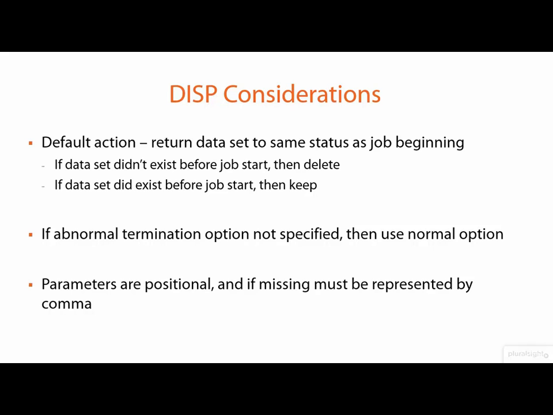The most common, of course, being that since NEW is the default, you will very often see a disposition coded of comma, CATLG, comma, DELETE, indicating that the NEW has been eliminated. But for the most part, that's going to be the primary use that you will see of that kind of coding with respect to the positional parameters.